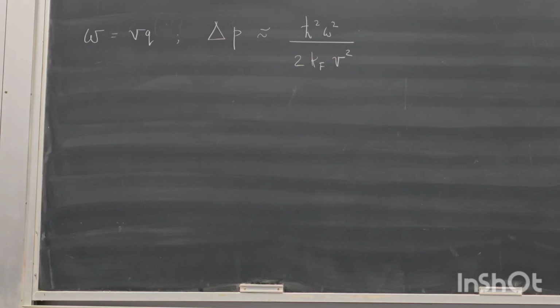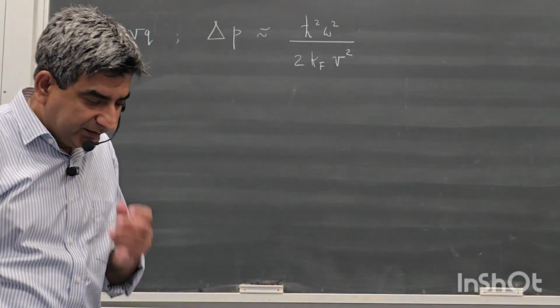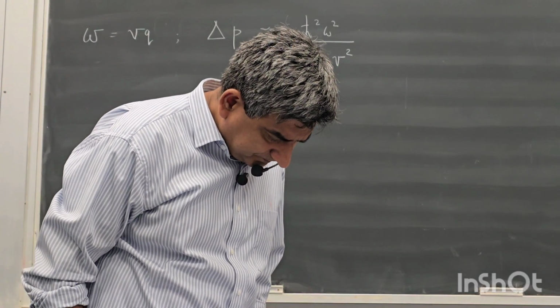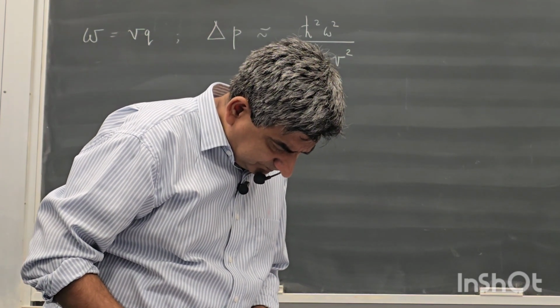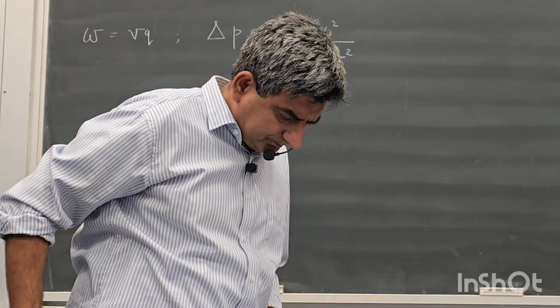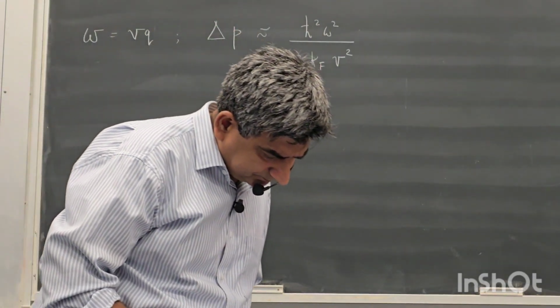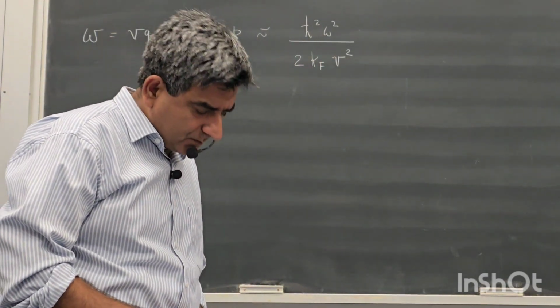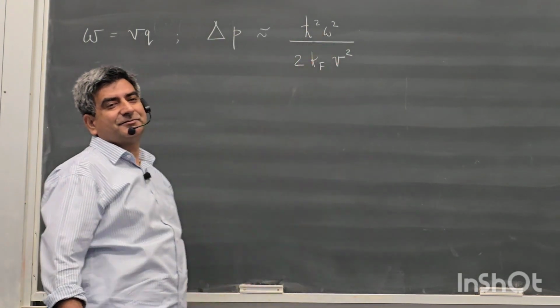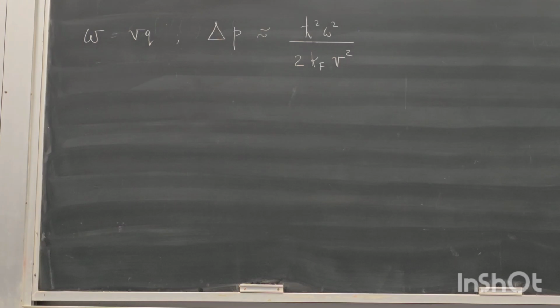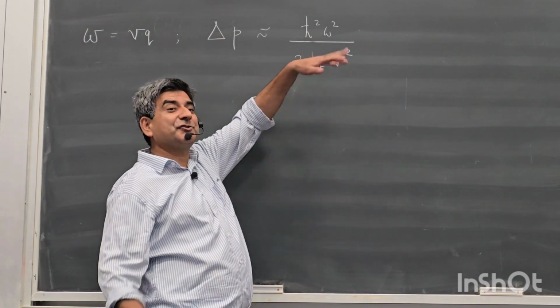All right. So what does this mean? What is h bar omega for a phonon? That's the energy of a phonon. Correct? So this is the energy of a phonon, h bar omega squared.